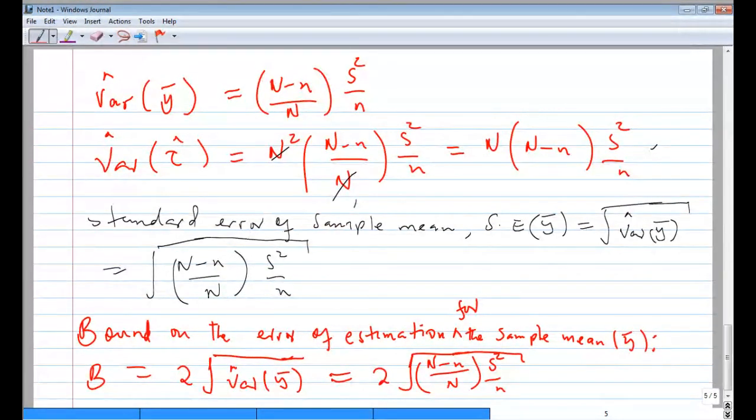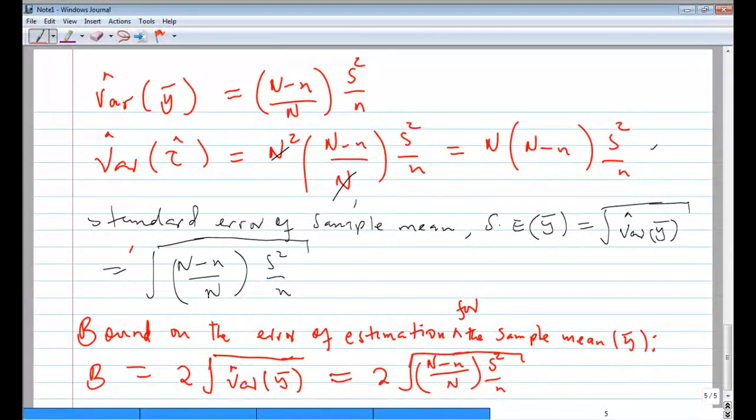It's the bound on the error. It's like the standard error of a simple mean, as you see, but the only difference is that this one has a 2 and that one doesn't. So that's why it's defining the bound, the interval on the error of the estimation. So that's why it has a 2 here, to indicate that indeed it's a bound.